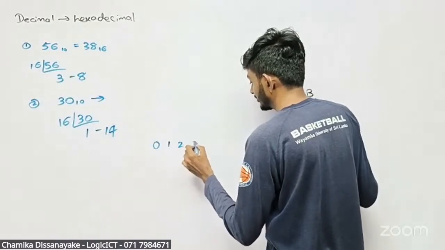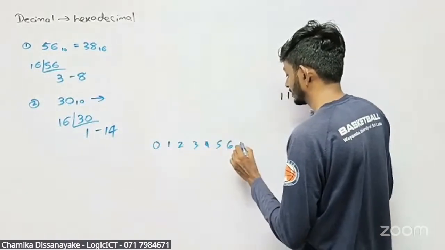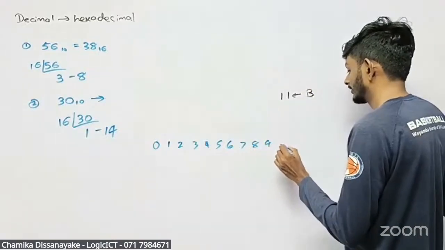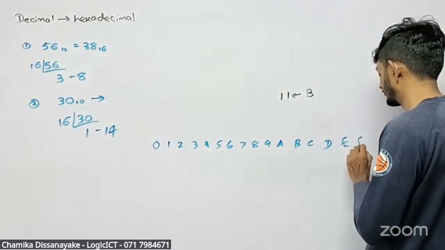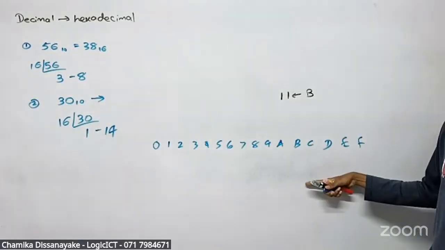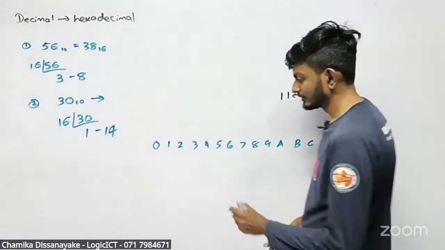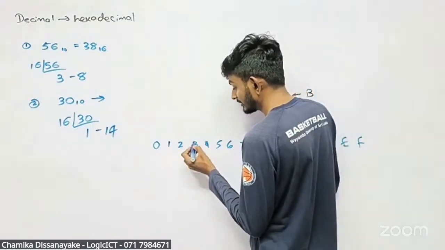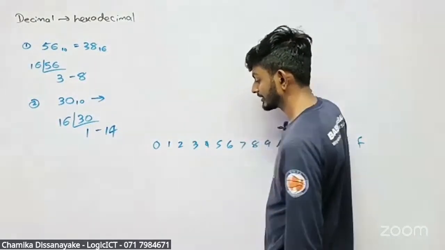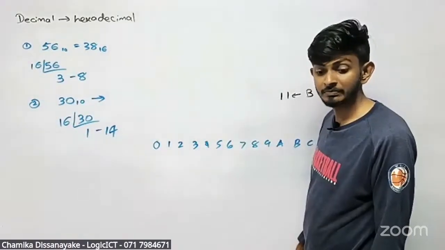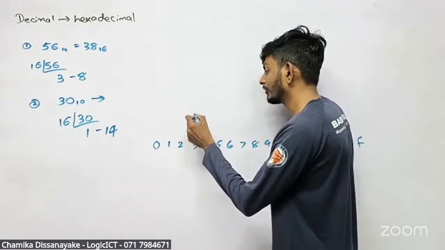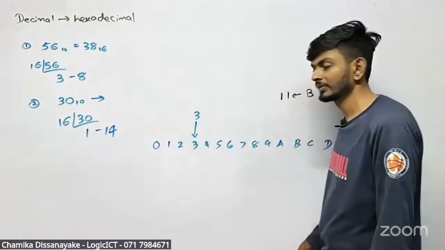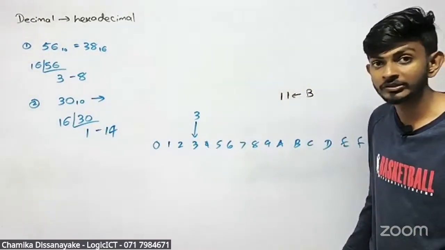1, 2, 3, 4, 5, 6, 7, 8, 9, A, B, C, D, E, F. Those are the symbols of hexadecimal. When we use the symbol 3, the assigned value of 3 is also 3.